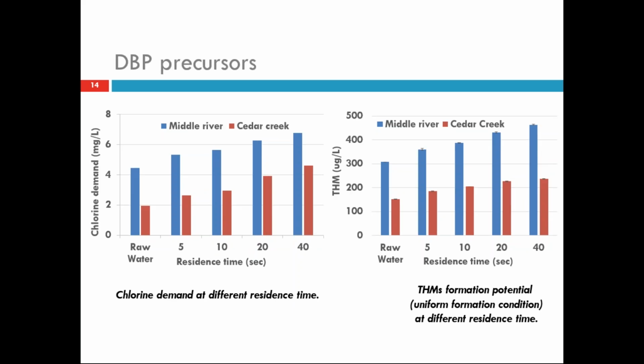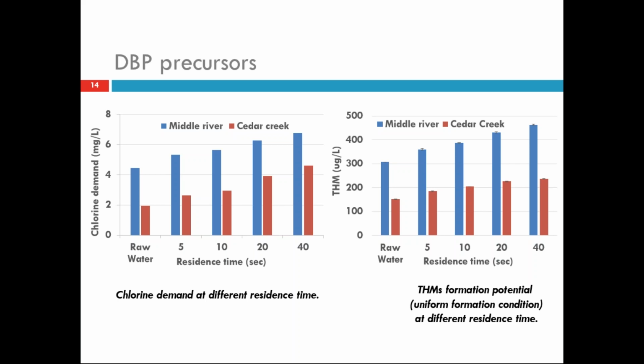Now, coming to DBP precursors and impacts on them, we analyzed chlorine demand and THM formation potential. Chlorine demand is the amount of chlorine required in the disinfection process, maintaining a residual amount. We performed 24 hours chlorine demand, followed by THM formation potential analysis at uniform formation conditions.